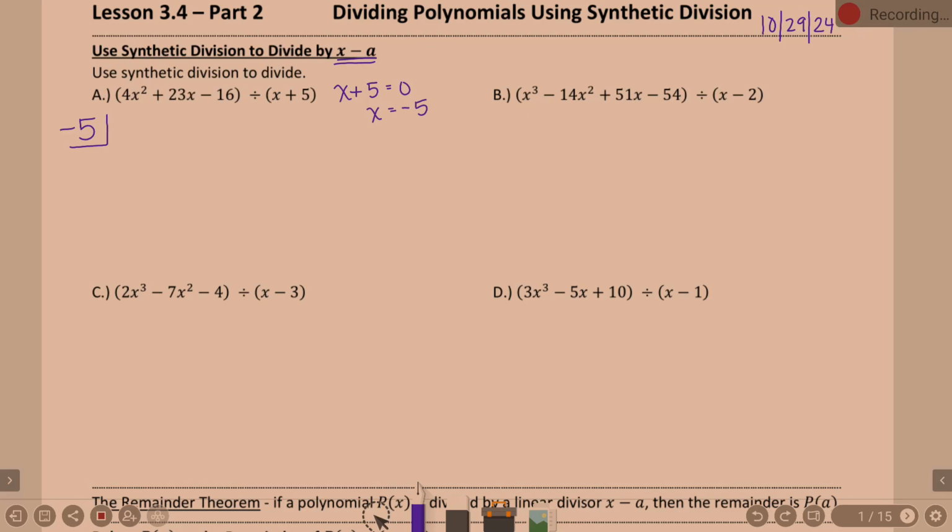Okay. Now, next to this box, we're going to write numbers representing each of these terms. So basically you're writing your coefficients in order. So here, the coefficient of my x squared term is 4. The coefficient of the x to the first term is 23. And then the constant term is negative 16.